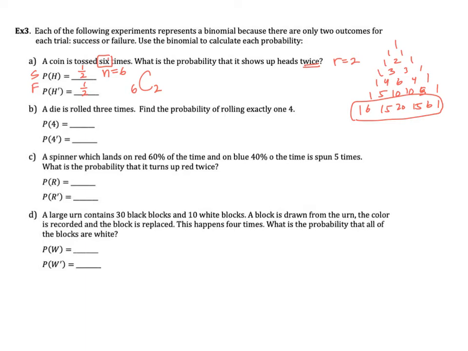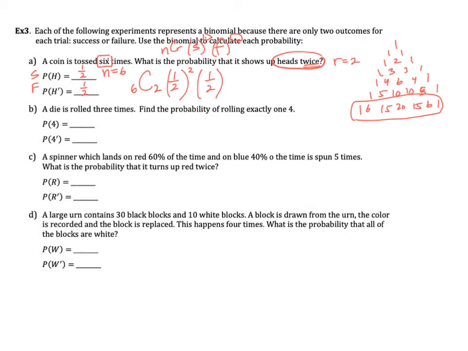So instead I'm just going to use that formula, which is nCr, and then you're going to have your probability of success or failure. You have to decide to what power, and then your probability of failure to the other power. So instead of using that formula, I'm just going to try to point out what I'm talking about here. My probability of getting a heads is 1/2. I want heads to show up twice. That means I have to take that to the second power. My failure is 1/2.